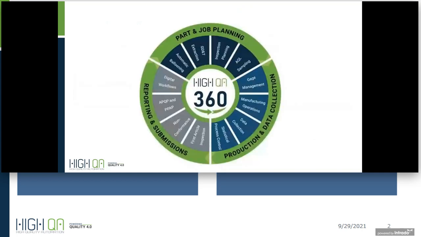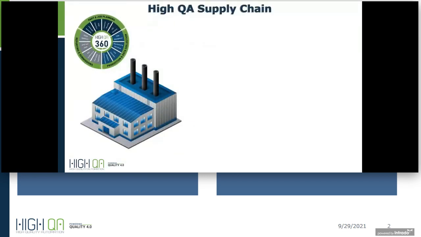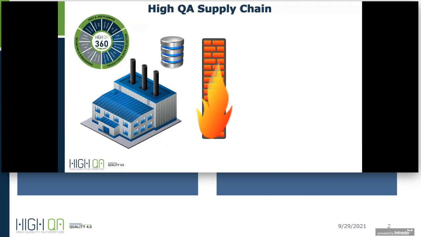So if I could just tease you with one more benefit before we get into the 5 tips. Do you have suppliers? HiQA gives you the flexibility to have all the functionality of the 360 in your manufacturing facility, securely behind your firewall where your IT group has full control of the data security. Your data is always safe.